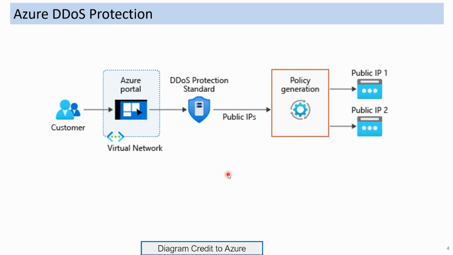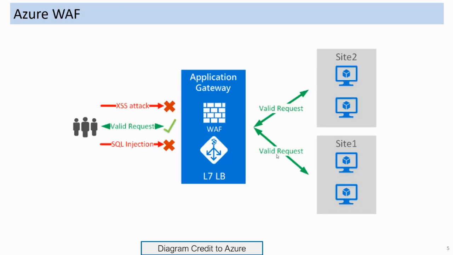Basic is free of cost. You can directly attach this service to your network, in the sense VNet, and through which you can restrict the traffic at a particular level. If you want a more advanced service, then you have to take a paid plan. In that case, you can take the standard plan. It has a network as well as IP based plan. You can take that plan.